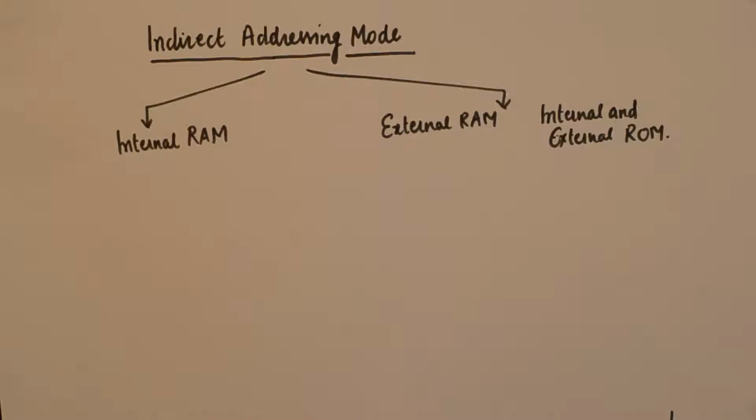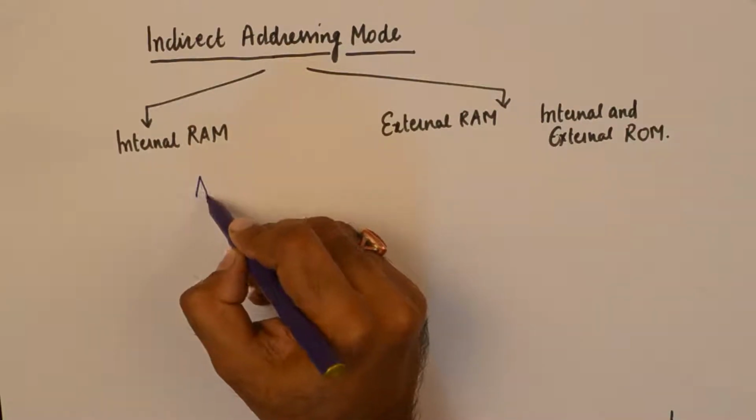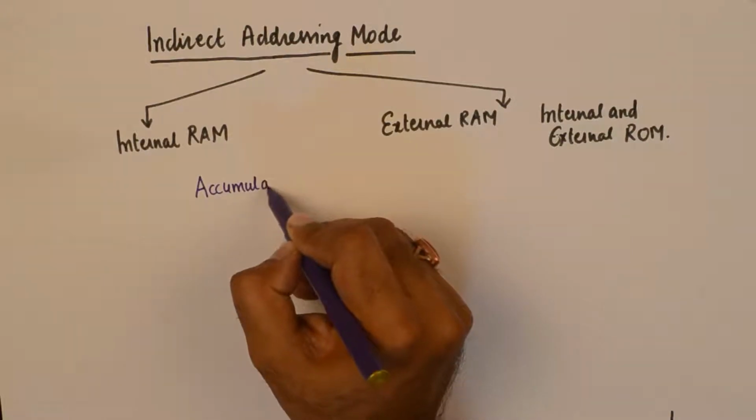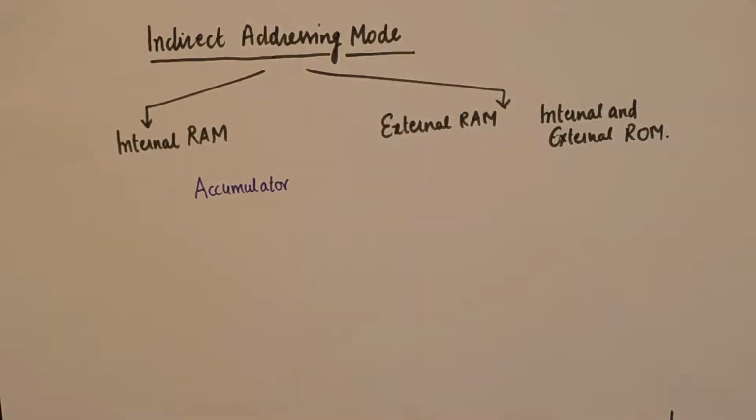You need to be aware of this key point that I just mentioned, that accumulator A is the one that is going to be involved in all the data transfers while using indirect addressing mode.